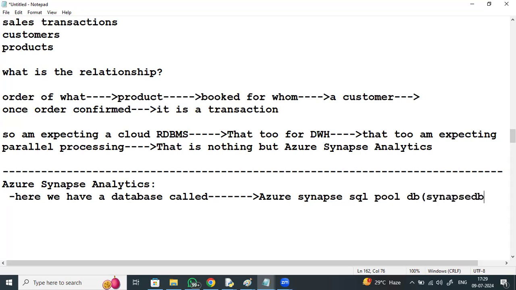We select Synapse DB. What is Synapse DB? It's a cloud data warehouse of Azure.